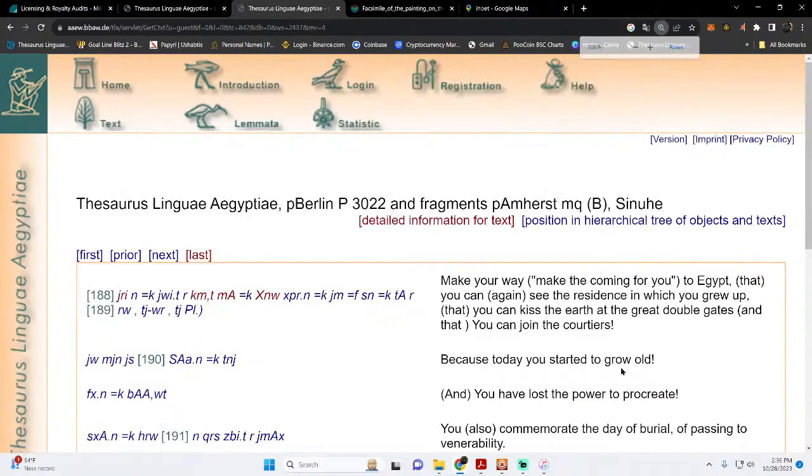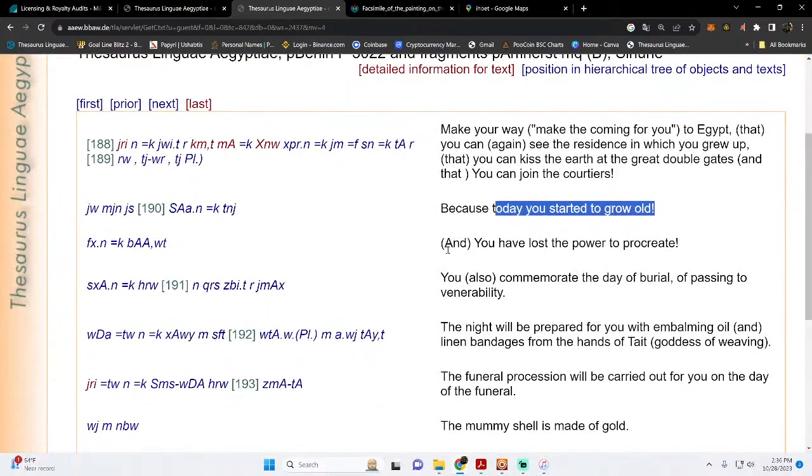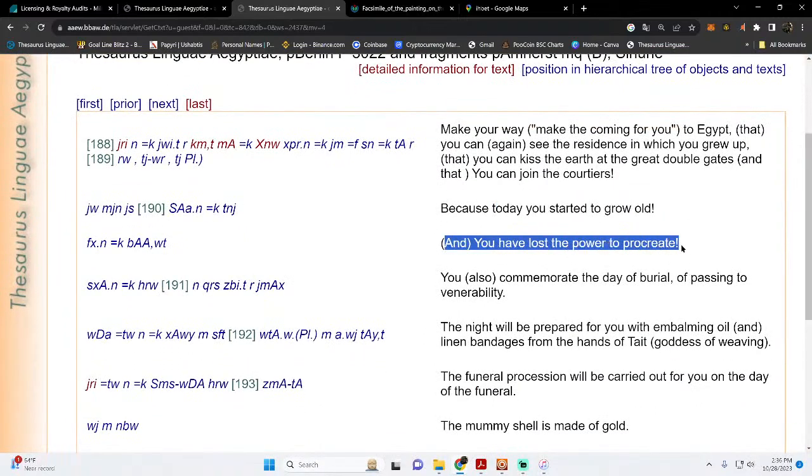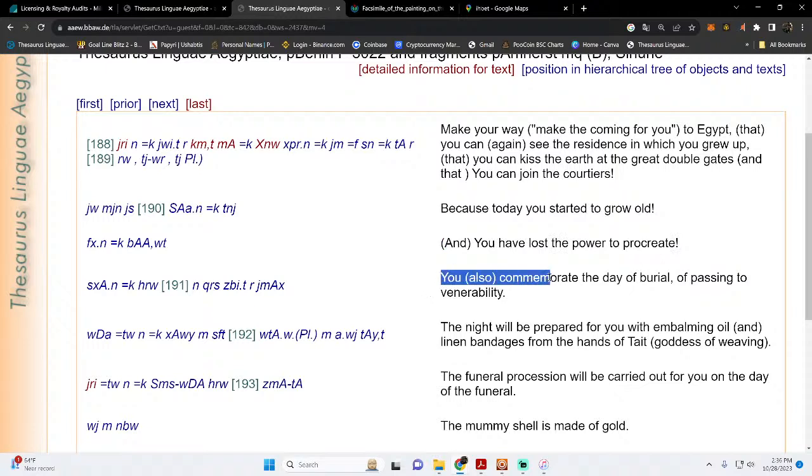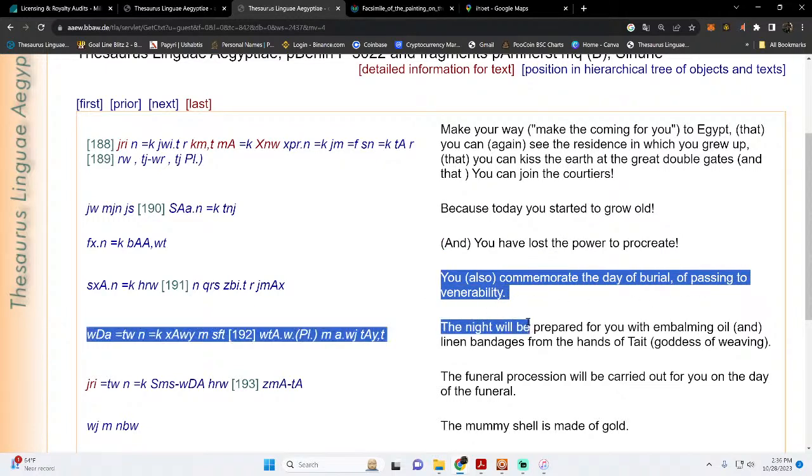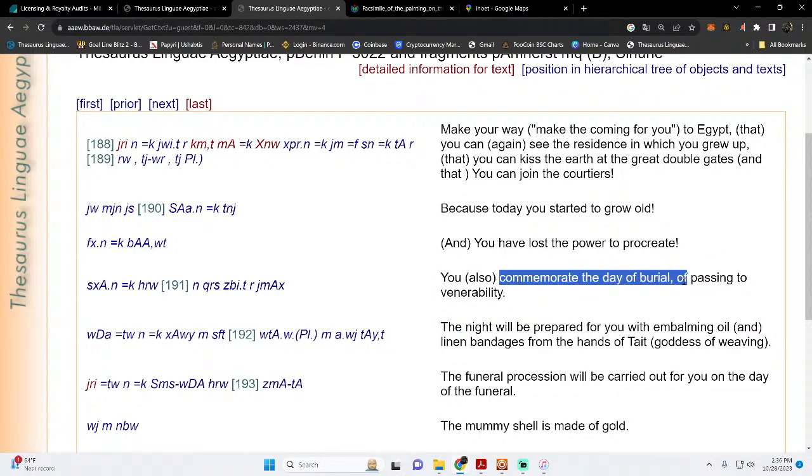Now look, because the day you started to grow old, he's going to give you a pass, and you have lost the power to procreate. You also commemorate on the day of the burial of passing the venerability, whatever that says. You need to be buried right.